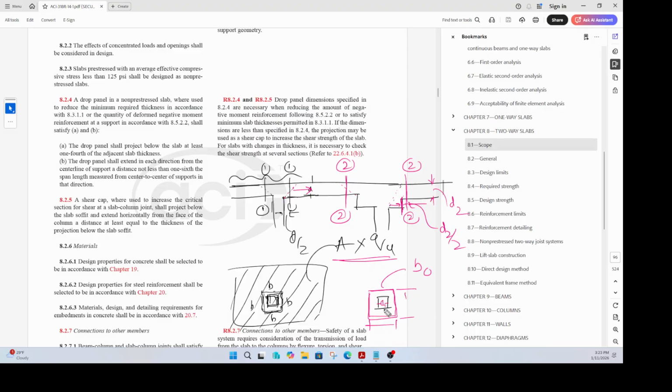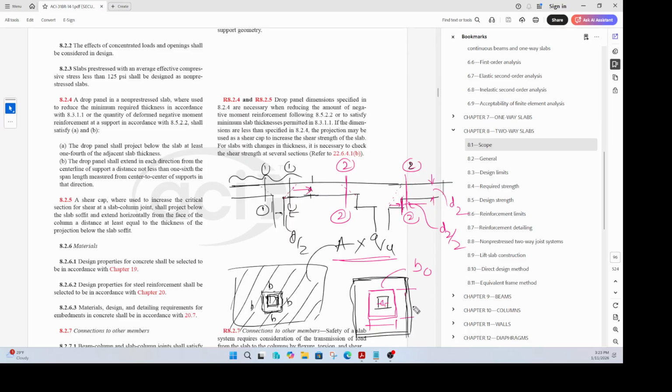So in plan view, that means now the shear cap is somewhere here, right? I mean, shear cap is there. The critical section 2 is somewhere here. That means this section is much bigger than the earlier perimeter b naught.